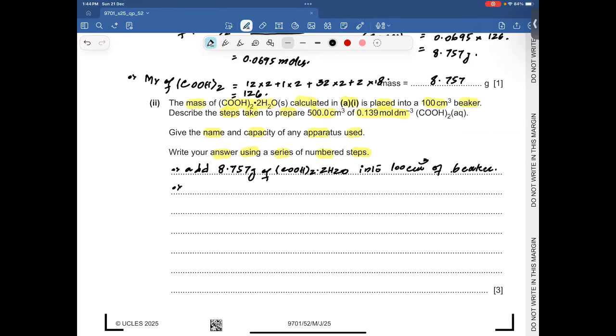Add distilled water in the beaker to dissolve the mass.